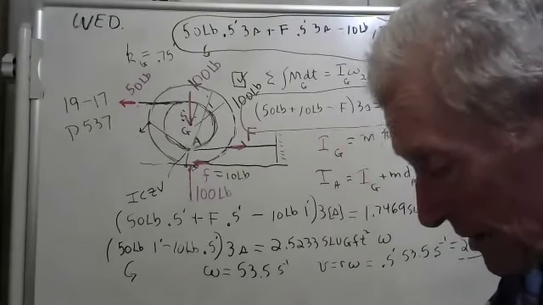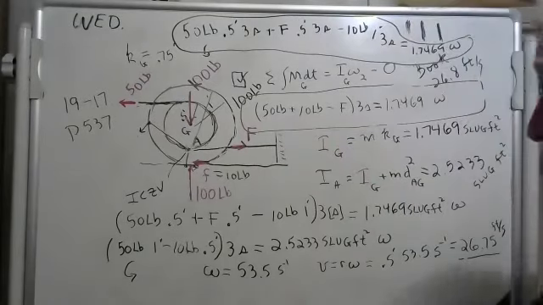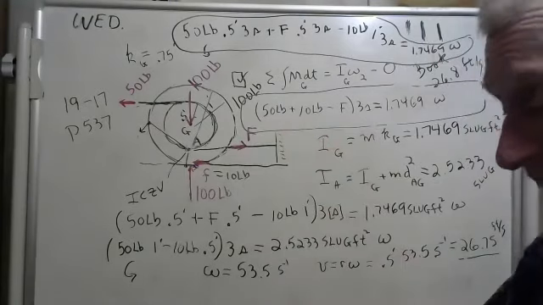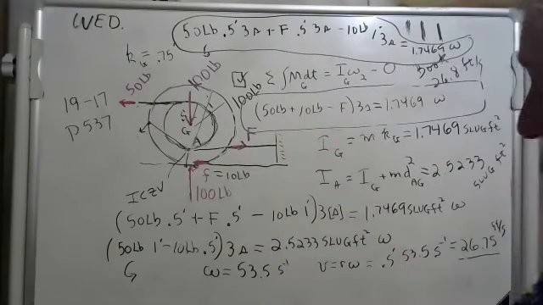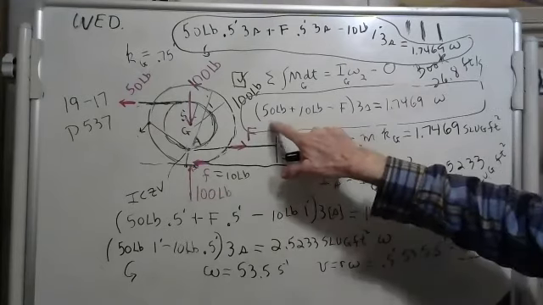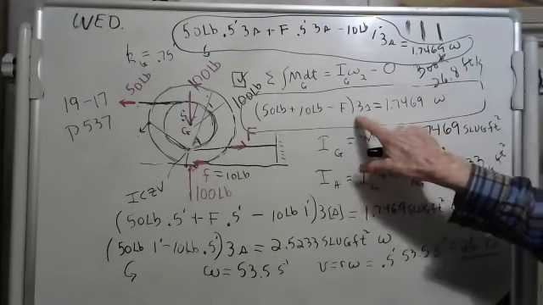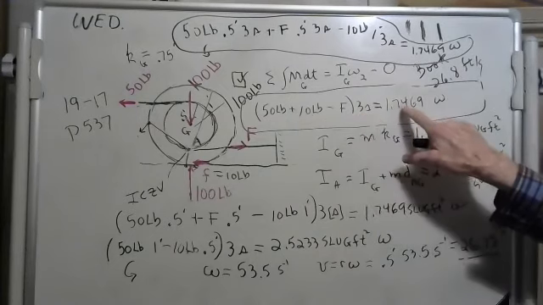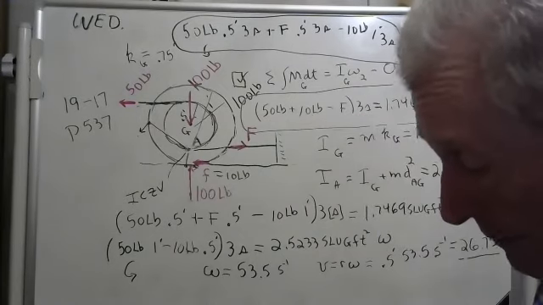I don't have time to ask you guys. We got to go. But that's the linear impulse momentum equation. See, this is the linear impulses, force times time, all right? And this is the I omega.